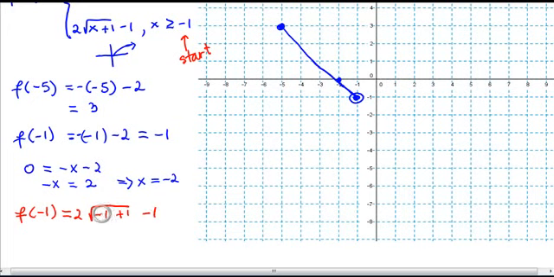This whole thing here is 0. The square root of 0 is 0. And 2 times 0 is 0. 0 minus 1 is -1. That means when x equals -1, y is -1. So we start here and we include the point, so we close the circle.